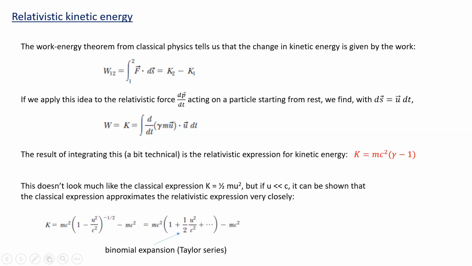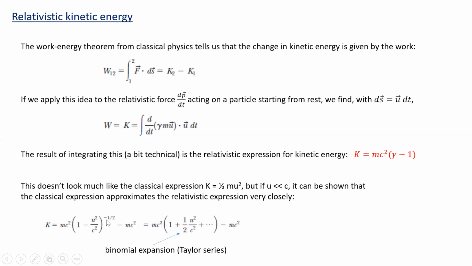And it's basically derived from a Taylor series. We take this expression and write it as an approximation in powers of a small quantity. And the small quantity here is u squared over c squared. Since we're talking about low speeds, u squared over c squared would be very small.